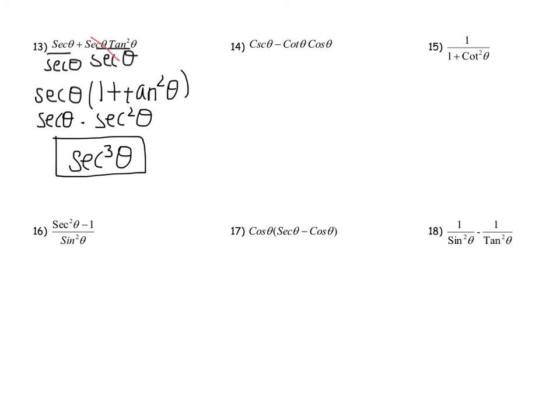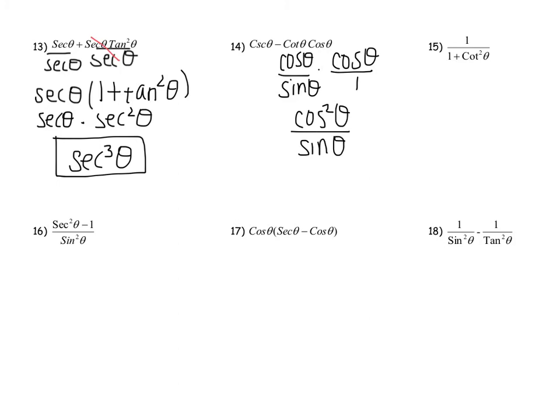Okay. For number 14, before we subtract, let's figure out what this stuff is. So, cotangent, we know, is cosine theta over sine theta. And we're going to multiply that by cosine of theta over 1. So that simplifies to cosine squared theta over sine theta. And we can go ahead and bring this down, but let's bring it down as 1 over sine theta.